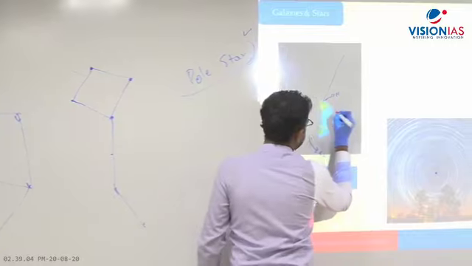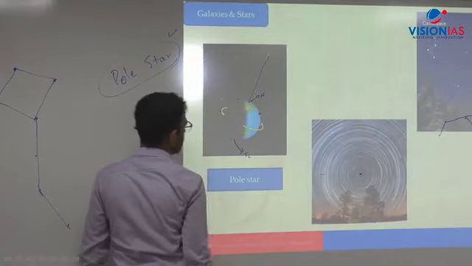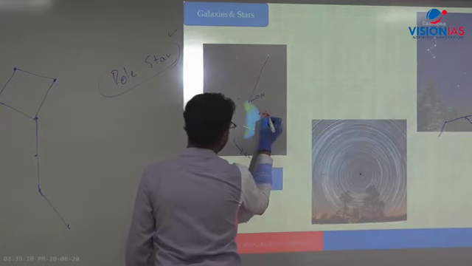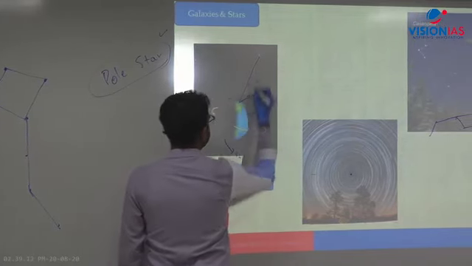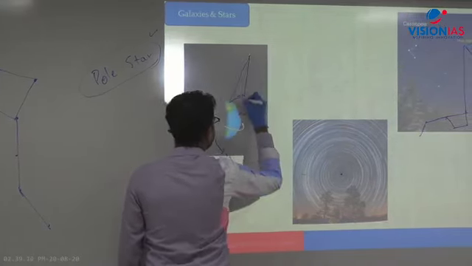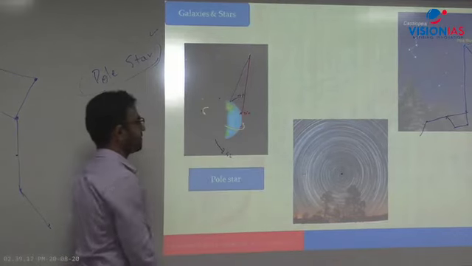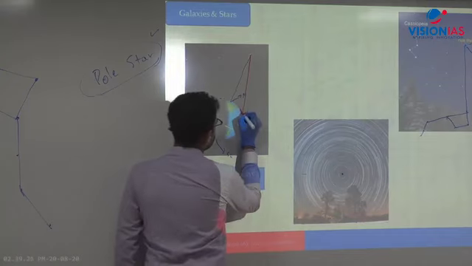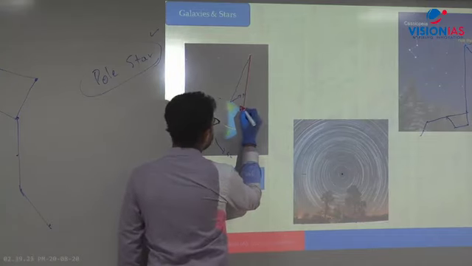If at all you are viewing this from this particular point on the surface of Earth, let's assume that this is 50 degree north. You view this at this particular angle in the sky, from the surface, maybe at 40 degrees angle.